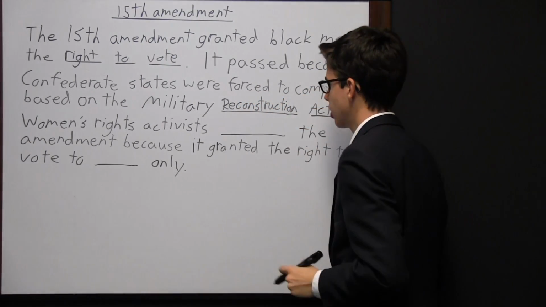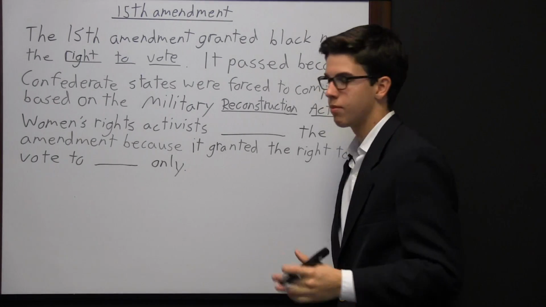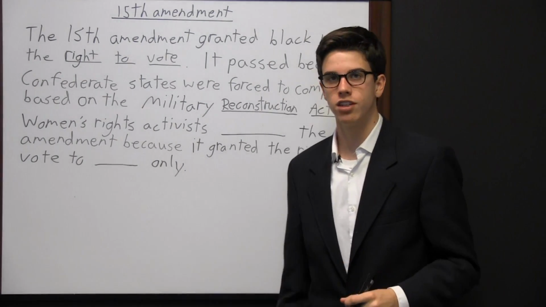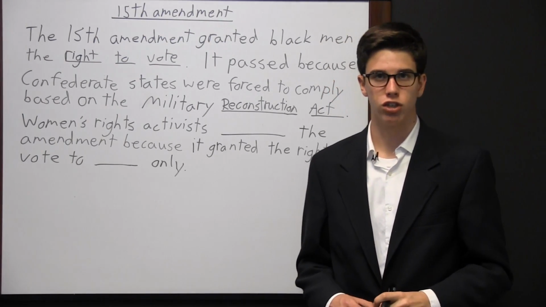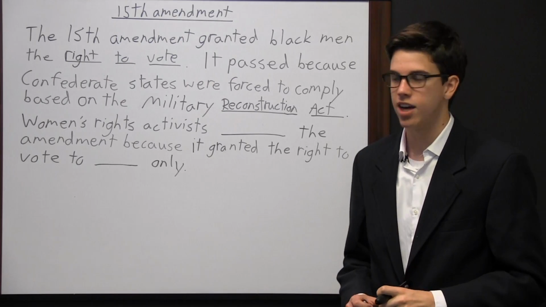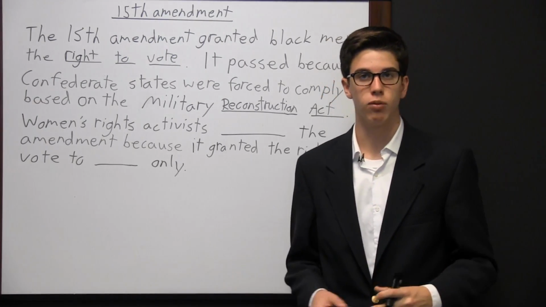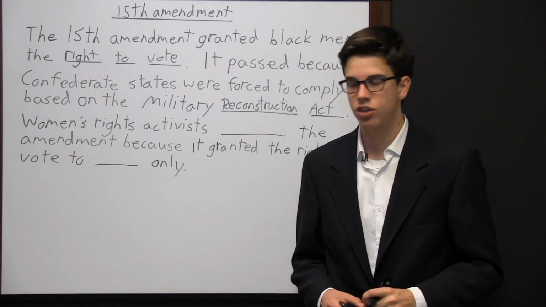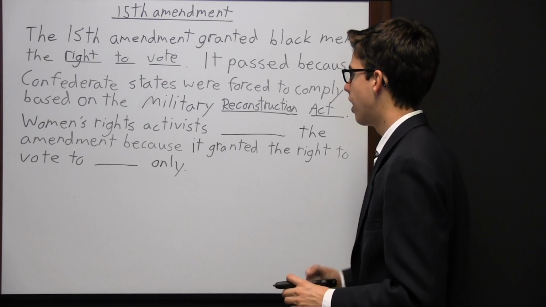The Military Reconstruction Act was passed a few years prior by Congress, despite President Johnson's veto. And so this put the Confederate states under military control to aid in the process of reconstruction of the southern states being joined together again with the northern states. And so as part of the Military Reconstruction Act, they had to pass the 15th Amendment.